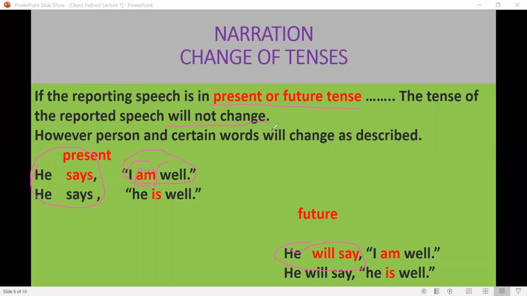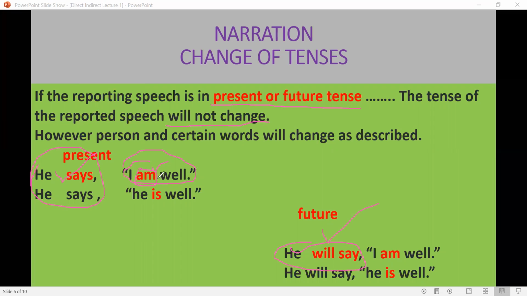We will not change the tense if the reporting speech is in present or if it is in future, although we will change the pronouns and certain words used in the sentence.